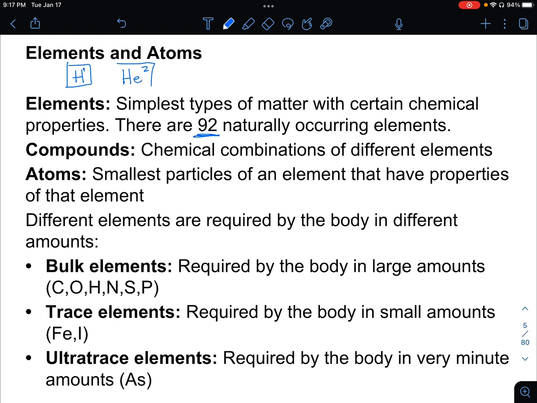Helium has 2. So we are talking about individual elements, the individual element of hydrogen and the individual element of helium. This is the simplest type of matter and has specific chemical properties. We already said that hydrogen only has 1 electron, while helium has 2 electrons. Those are some of the certain chemical properties that we're going to discuss.